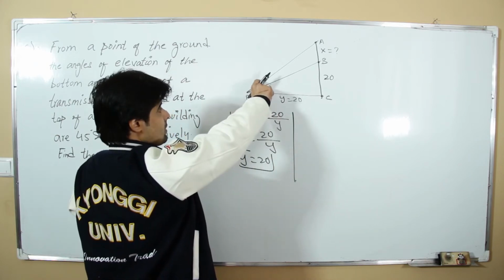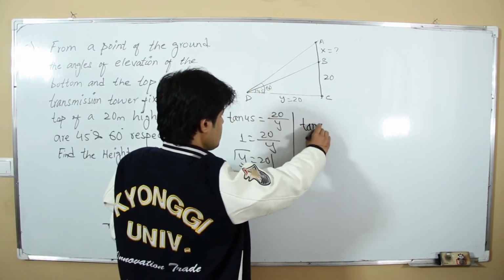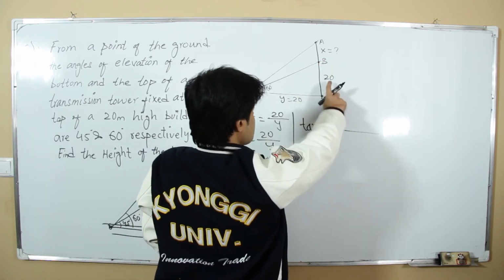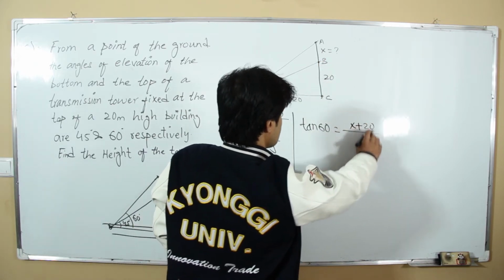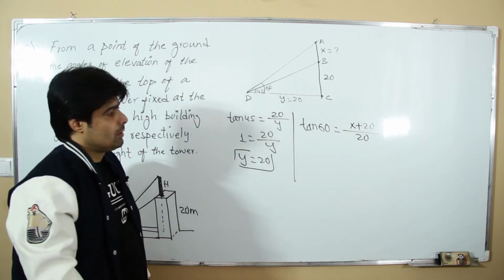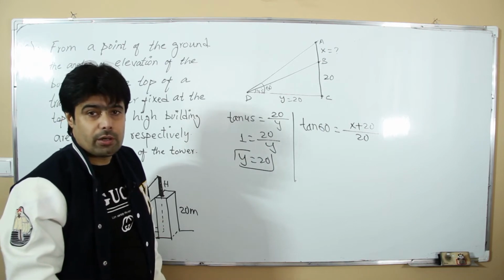Once again, we will define tangent of 60, which is opposite. What opposite is? x plus 20 divided by adjacent, which is 20. I think you can solve for x.